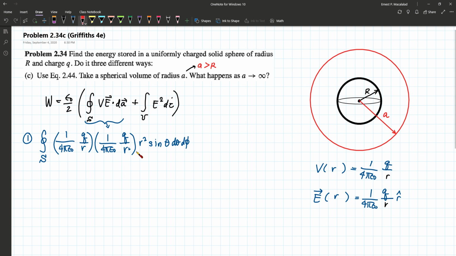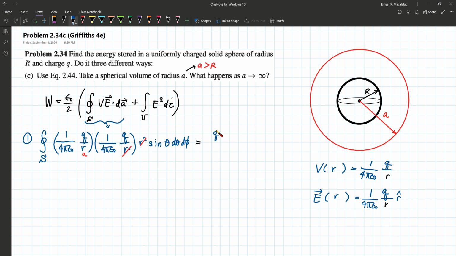From here we can cancel r squared, and the result would be 1 over 4 pi epsilon naught Q, and then A can be taken out of the integral.